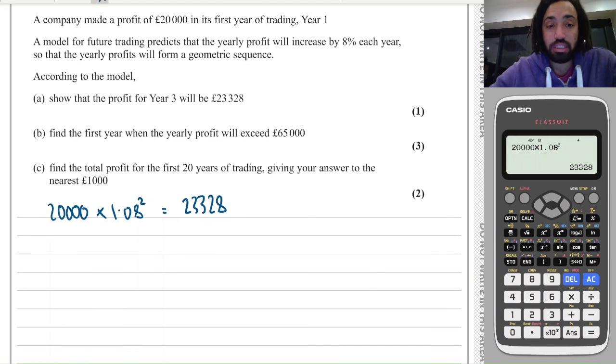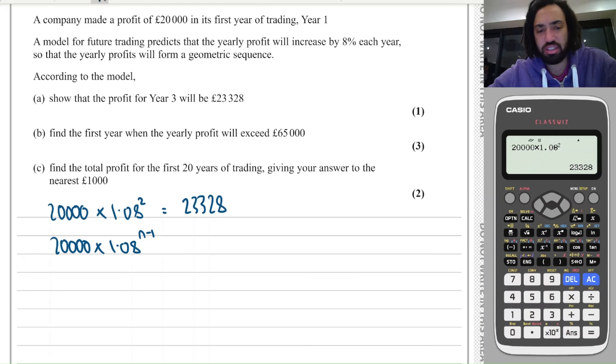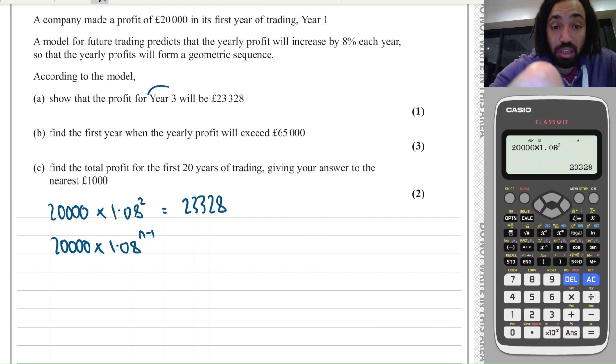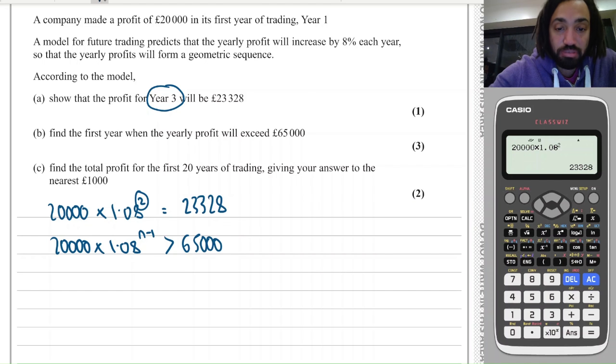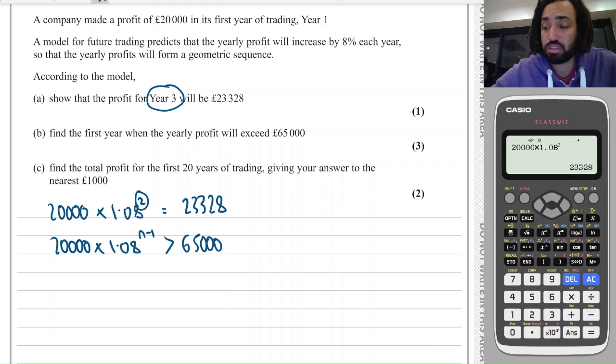as expected. And then the next time, the first time it exceeds 65,000. So I want this, and I'm going to call it n-1 because the number of years is actually 1 less than the number you get. For example, here we need to work out the year 3, we had to use 2. And I want that to be greater than 65,000. Make sure you use the inequality, don't use the equal sign because you will lose marks.